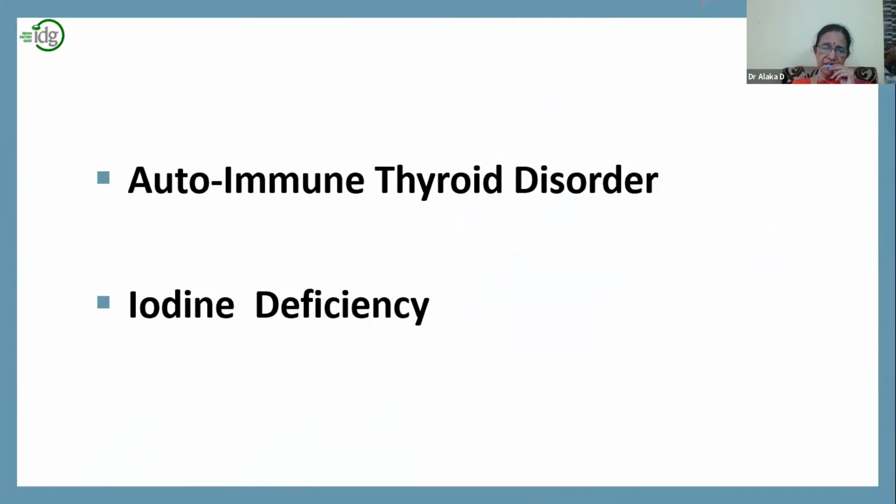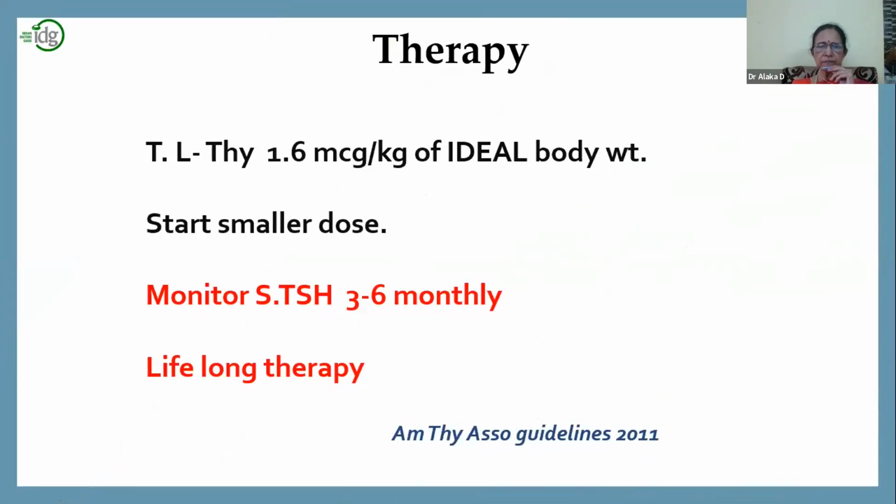While iodine deficiency can cause hypothyroidism, that is only in the sub-Himalayan area. But now, as we are fortifying our salt and the food with iodine, this has become less and less. So today, iodine deficiency is very rarely seen, except from Nepal or that sub-Himalayan area. Otherwise, it is autoimmune thyroid disorder.